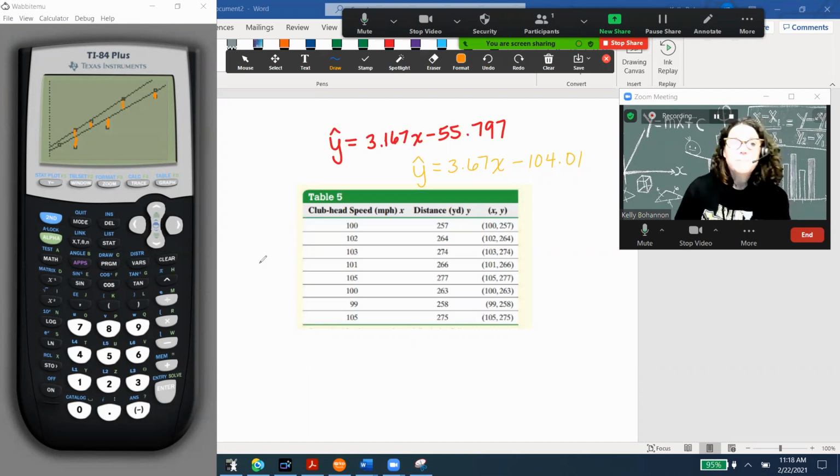That space between the data points and the least squares regression line are called residuals. It's what's left. There's this much space. It's a residual.